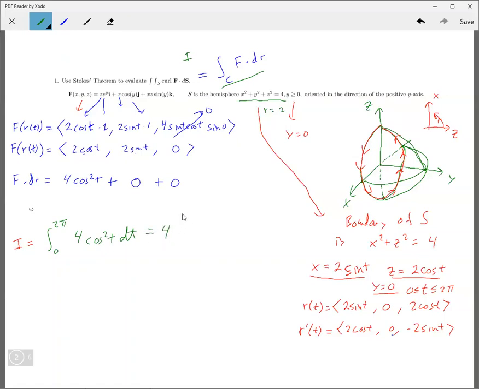Okay, so that's 4 times 1/2 t plus 1/4 sine of 2t from 0 to 2 pi. If you put 2 pi or 0 into the sine, that's going to be 0, and so you have 4 times 2 pi over 2, so that's 4 pi.